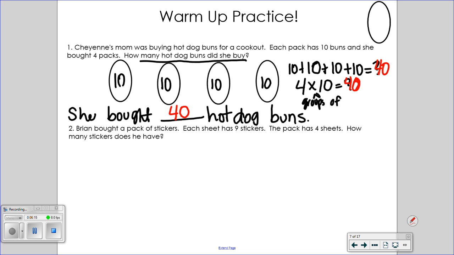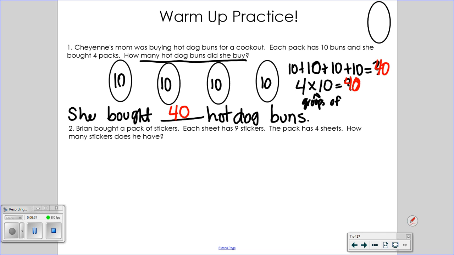Now, just like addition, our product, that's the answer to our multiplication question, should be bigger than what we started with. If we're doing 10 plus 10 plus 10 plus 10, our answer should be bigger than 10. Multiplication is the same way.